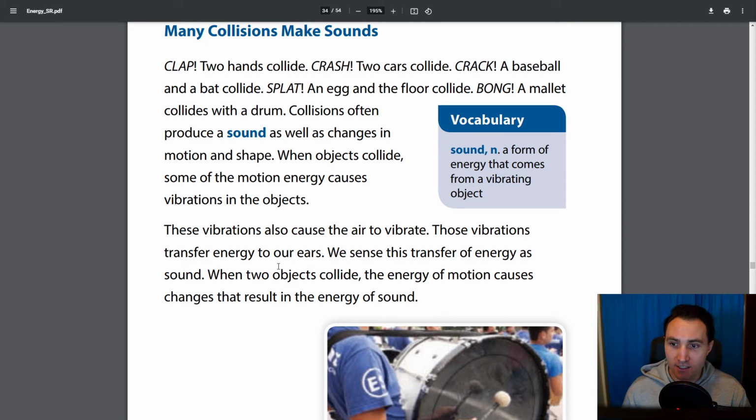Those vibrations transfer energy to our ears. We sense this transfer of energy as sound. So sound is just energy, just what we hear. It's a form of energy that we can sense with our ears, and we sense that by hearing it. So when two objects collide, the energy of motion causes changes that result in the energy of sound.